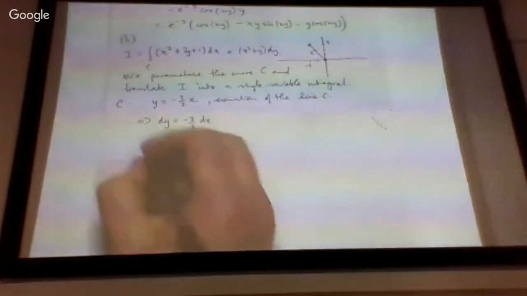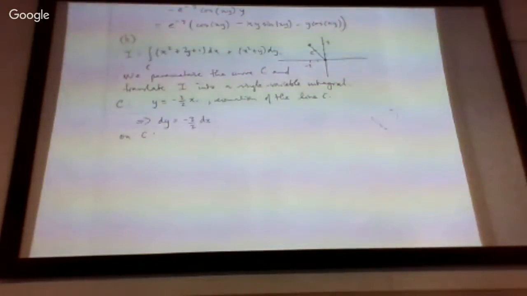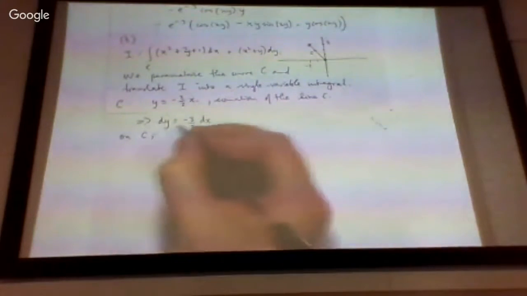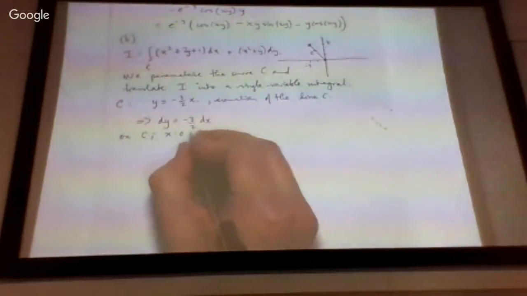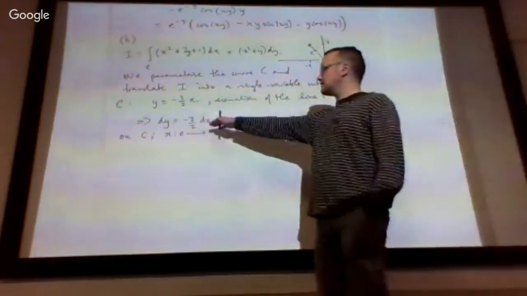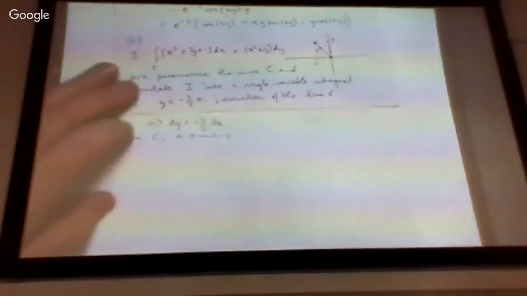And lastly, just indicate the direction and the range of the parameters. So if we're going to describe it in terms of x, on C, let's get the range of values for x. So x begins at 0 and then proceeds to minus 2. Okay, so we're specifying the domain of the variable x there and the direction of travel.